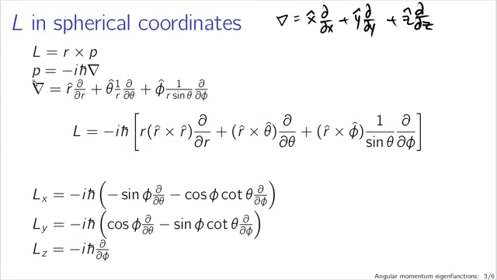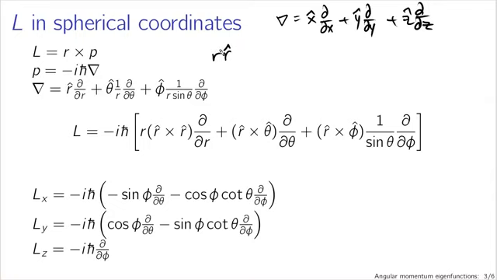This gradient gives us the momentum, which we can cross with the radius operator, the position operator in spherical coordinates, which is quite simply r hat. So this hat now designates a unit vector, and this designates a coordinate.